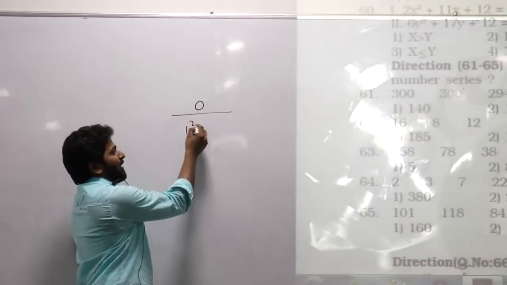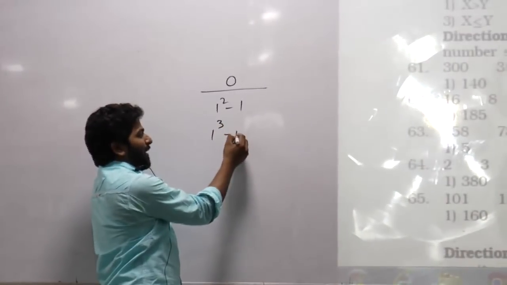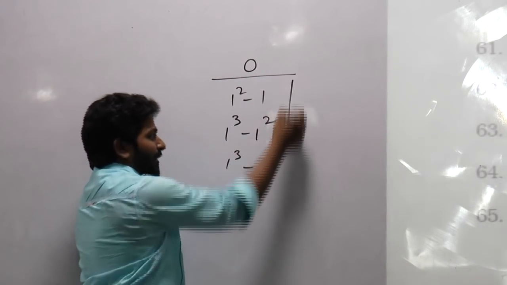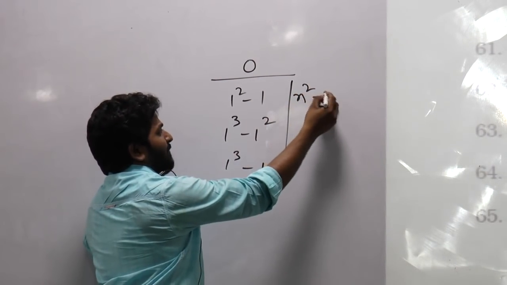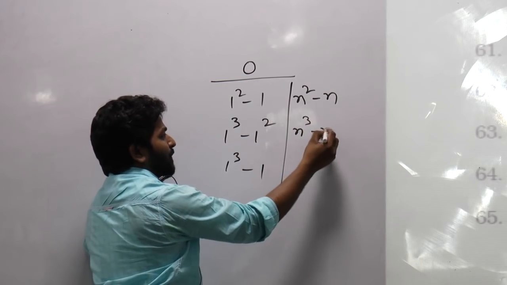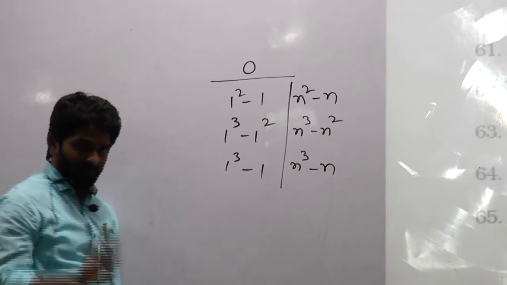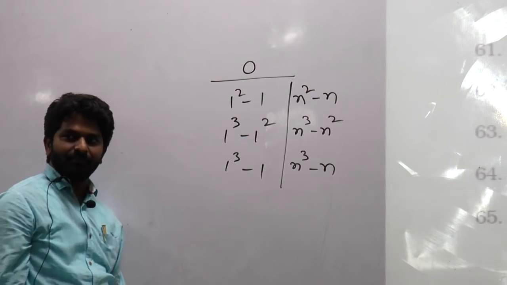Right, what is first difference here? If your first number starts with 0, that will be either n square minus 1 or n cube minus 1, or n square minus n, n cube minus n. One of these values.